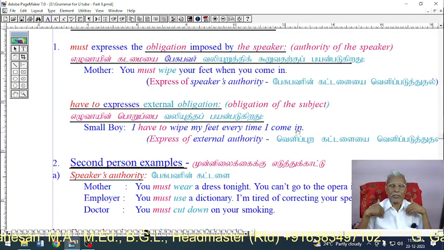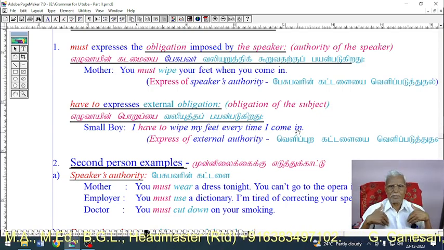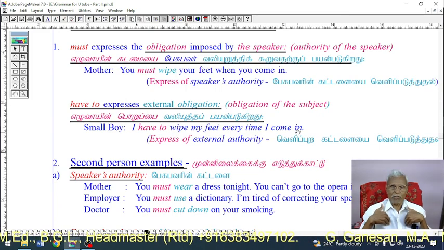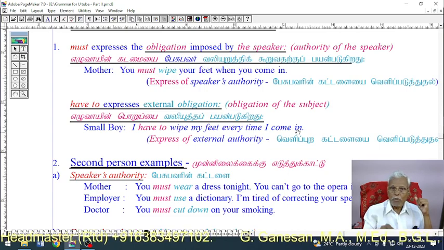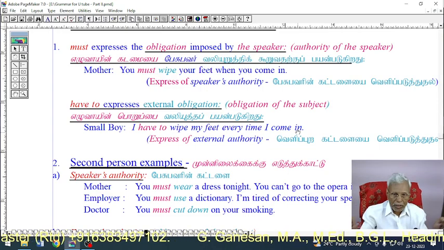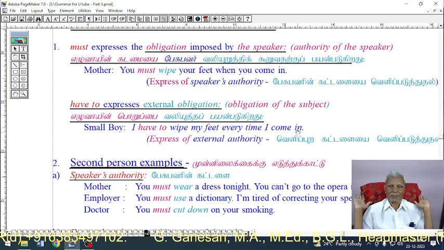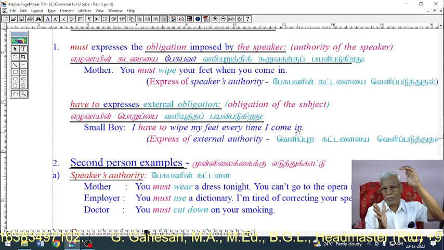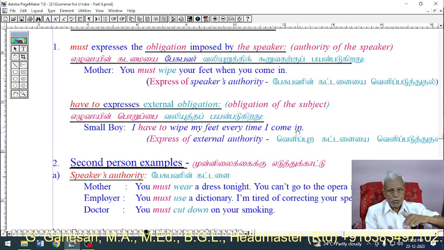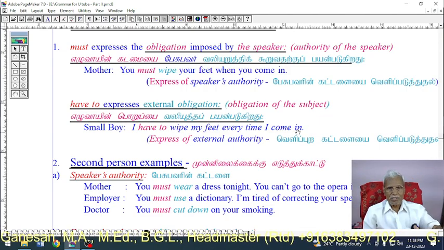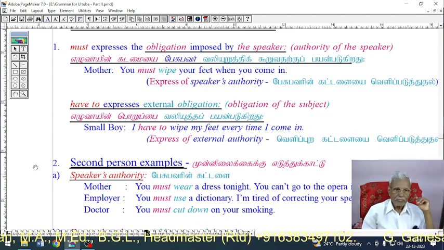Then the boy, that is the subject, says, I have to wipe my feet every time I come in. Must, the speaker's authority; have to, the subject's obligation.